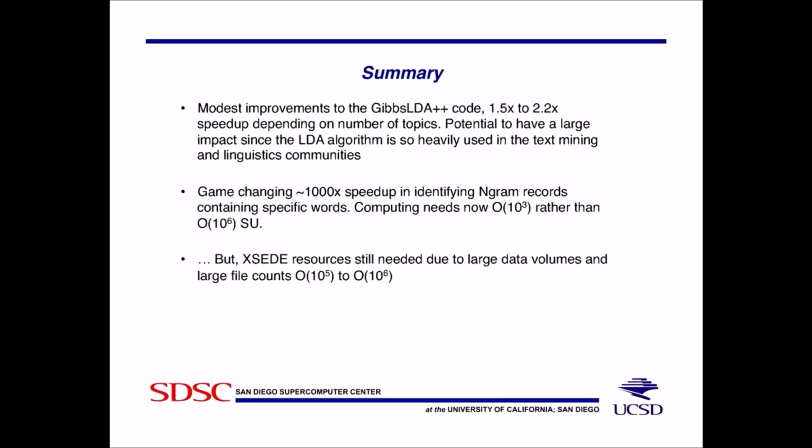But what's nice is that this is still an Exceed project. They still need Exceed resources, but it's more of a data problem than a compute problem, because they still have large volumes of data and large file counts on the order of 100,000 to 1 million. So with that, I'm going to wrap up, and I'm happy to take any questions.